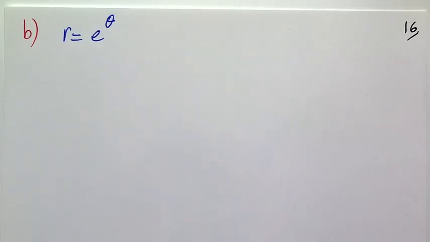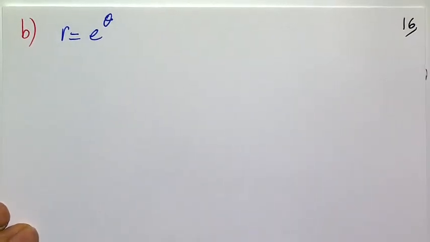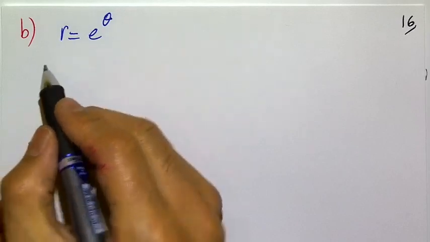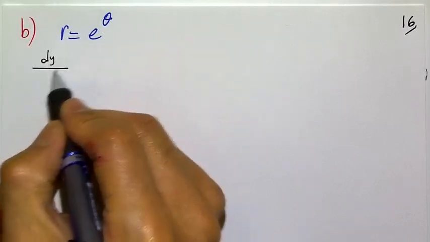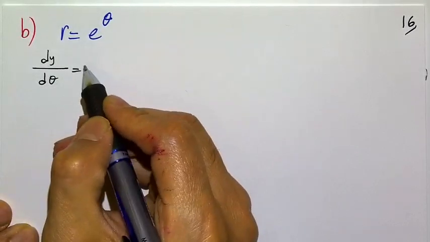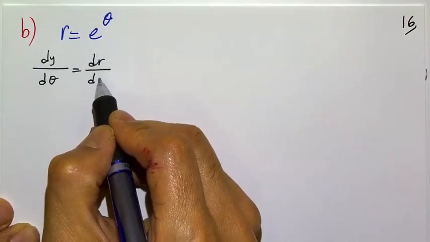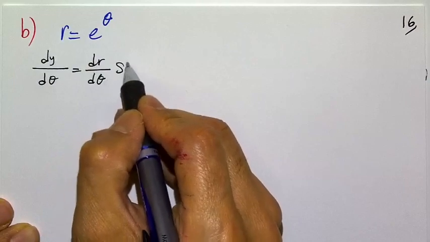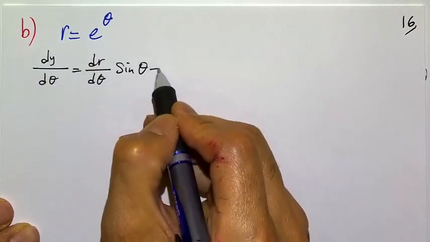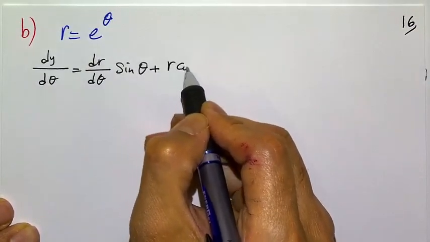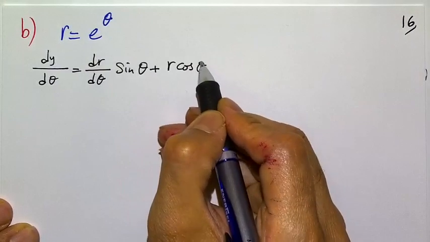So I will begin by calculating the horizontal tangents first. So we have dy d theta to deal with. We have the formula for it: dy d theta is equal to dr d theta times sine of theta plus r cosine of theta.